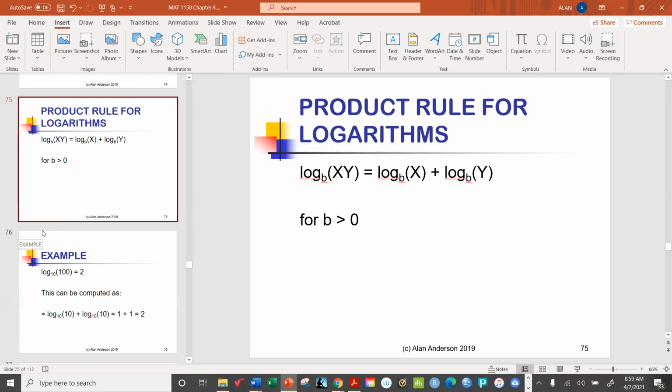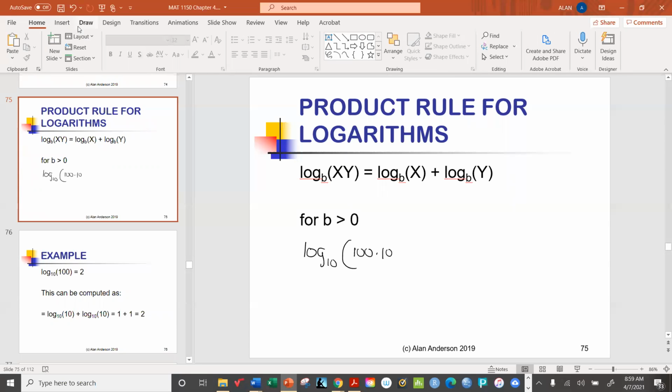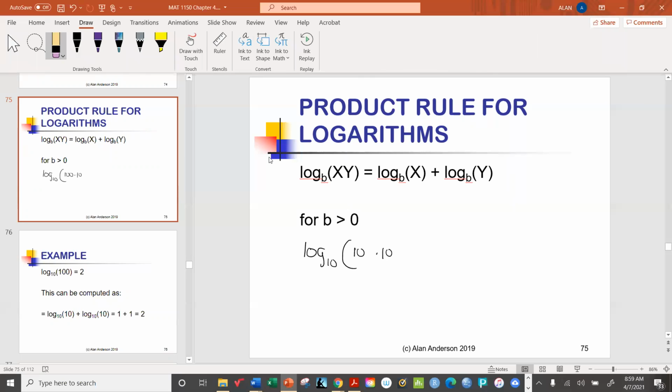So just as a couple of quick examples, the log to base 10 of 10 times 100 could be rewritten as log 10 of 10 plus log 10 of 100.